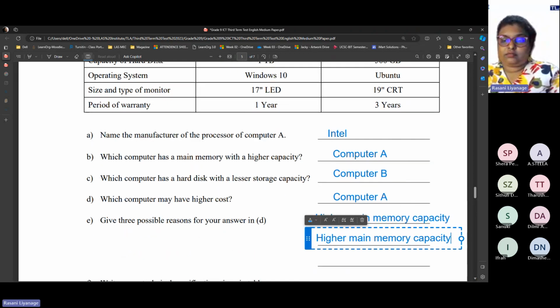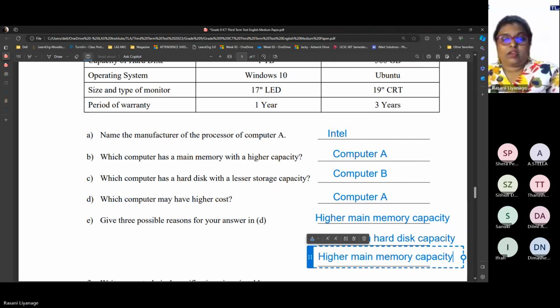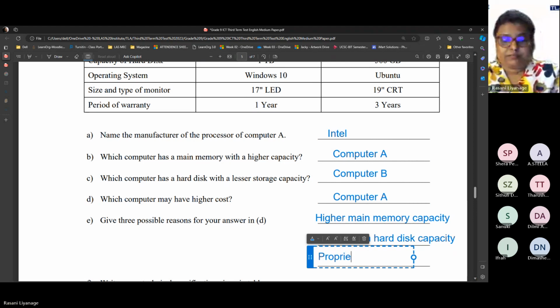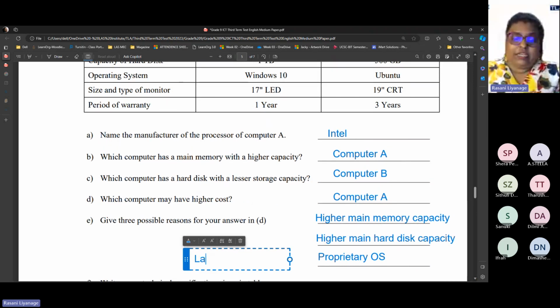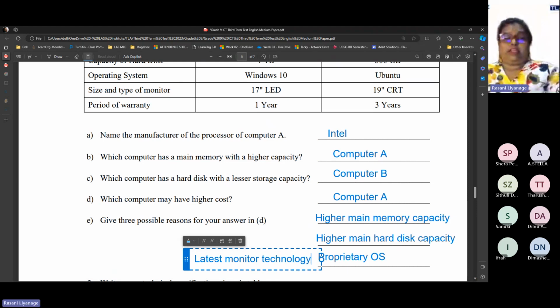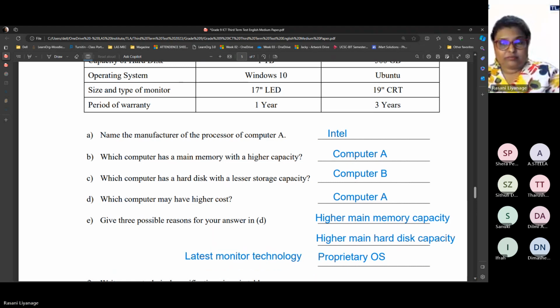Higher hard disk capacity. Proprietary operating system, OS. තව එකක් මේ පැත්තෙන් ලියන්නම්. Latest monitor technology. මේවා තමයි reasons for having a higher price.